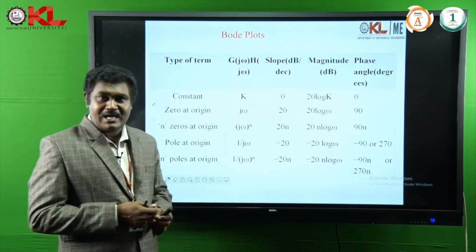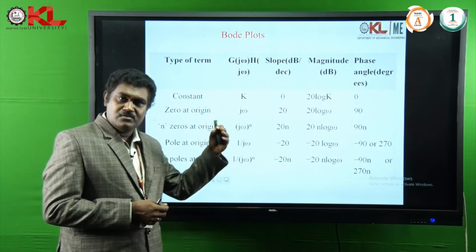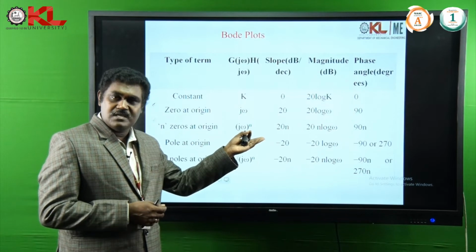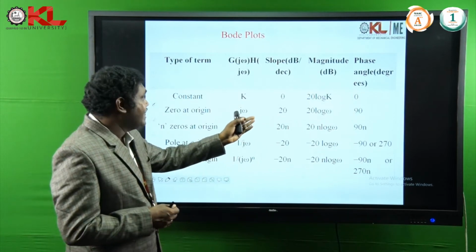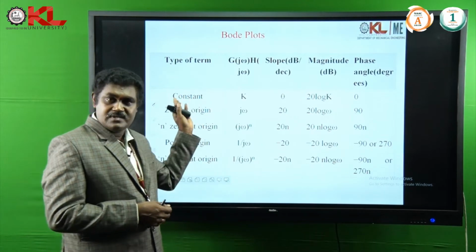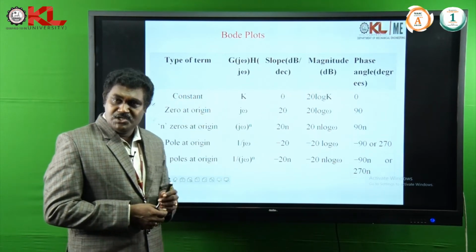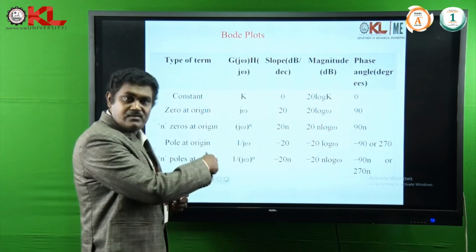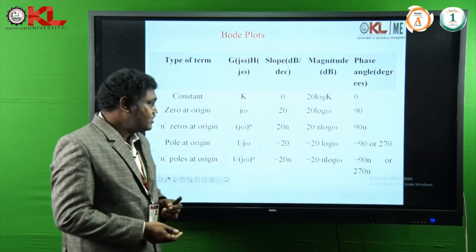The magnitude is 20 log K, based on whatever the K value is. If it is a constant K, the phase angle is 0. These values are very important while constructing the Bode plots.